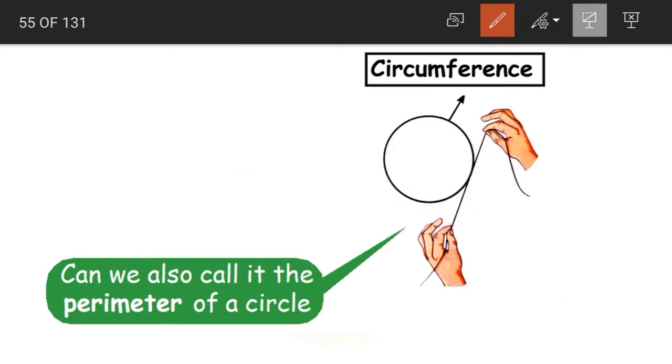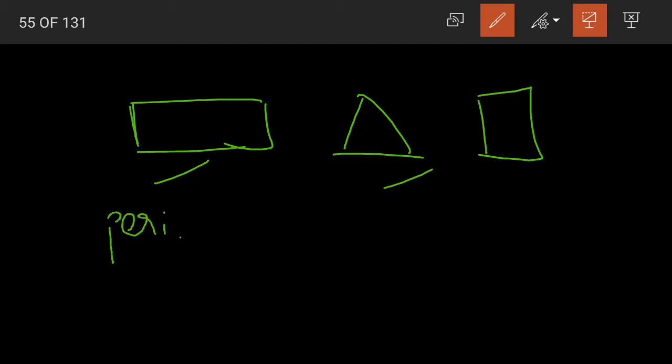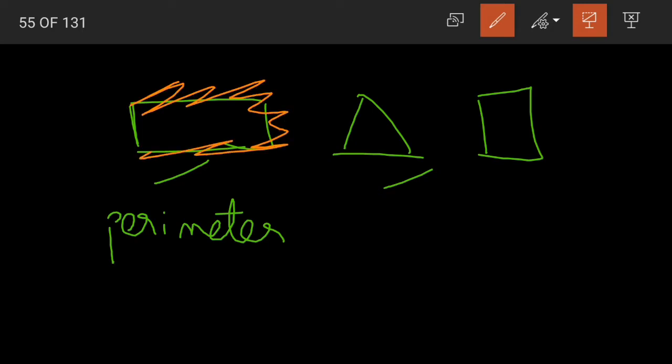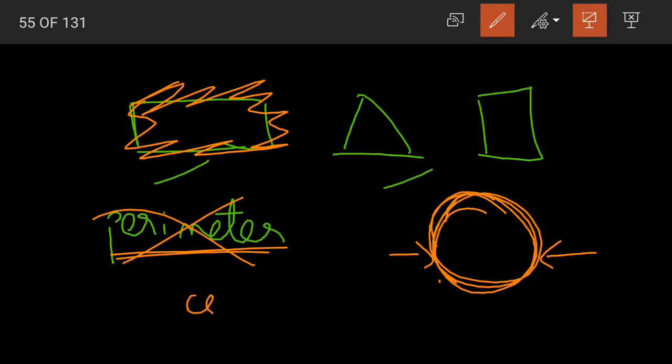For other shapes, like triangle, rectangle, square, we have learned that the length of the boundary is called the perimeter. But when we are talking about a circle, the length of the boundary is not called the perimeter. It is called circumference. C-I-R-C-U-M-F-E-R-E-N-C-E.